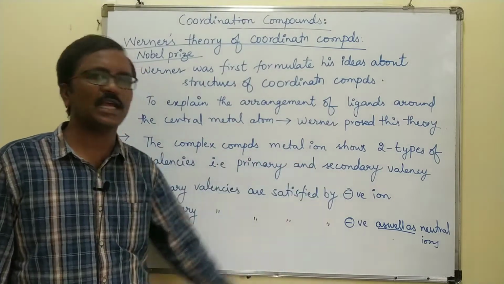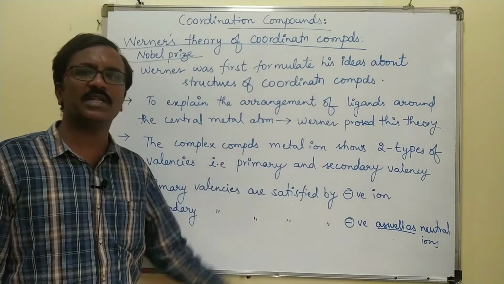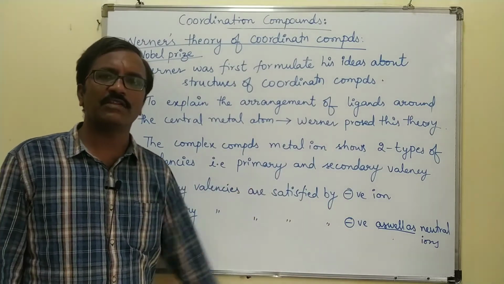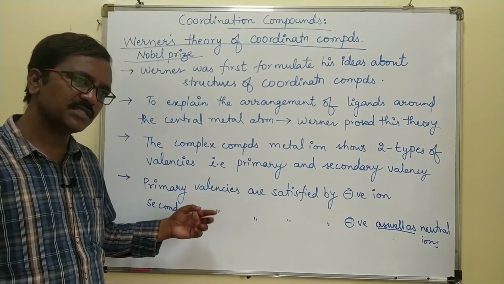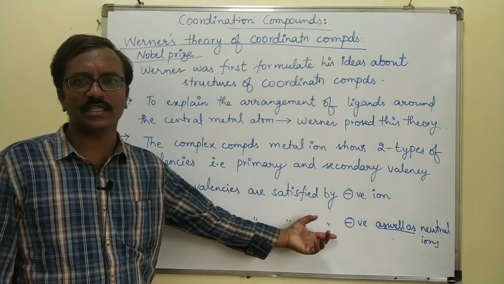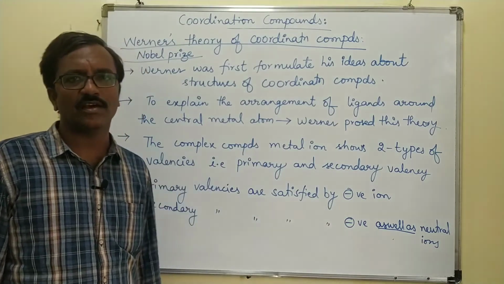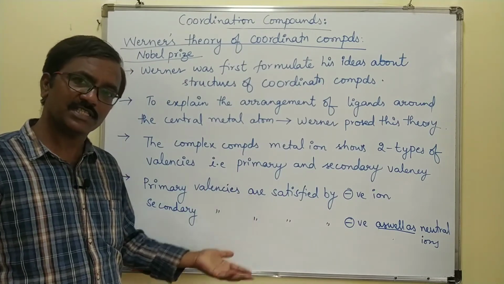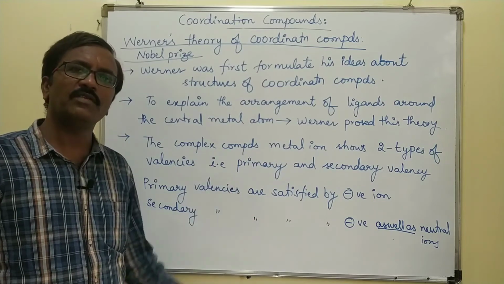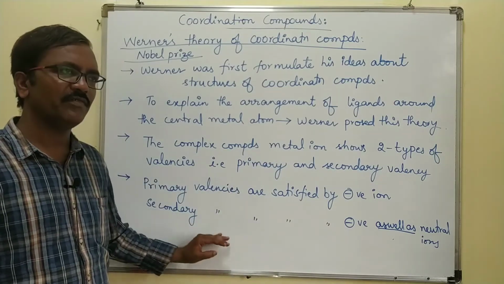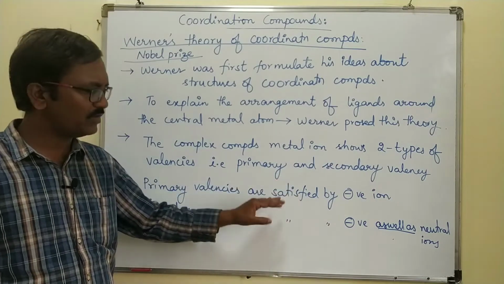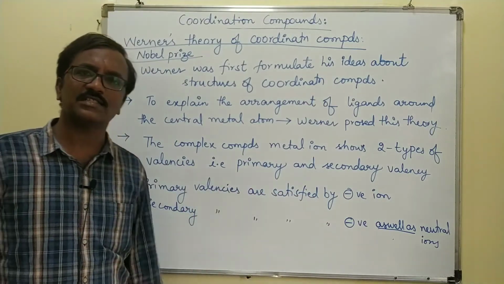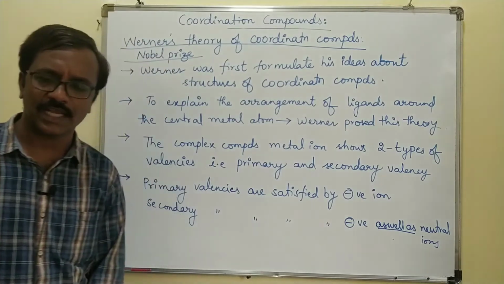Generally, the primary valency is satisfied by negative ions, whereas the secondary valency is satisfied by negative as well as neutral ligands. You will understand very slowly what the primary and the secondary valency are.